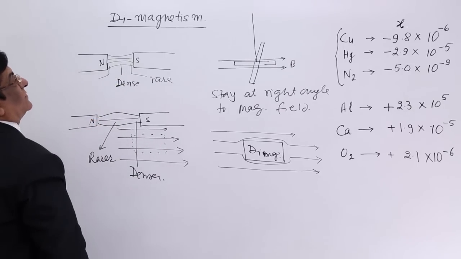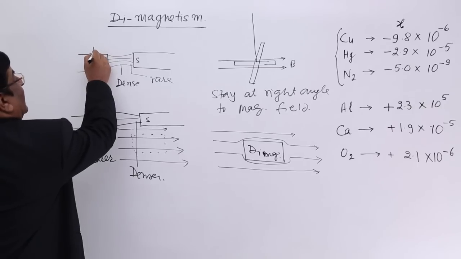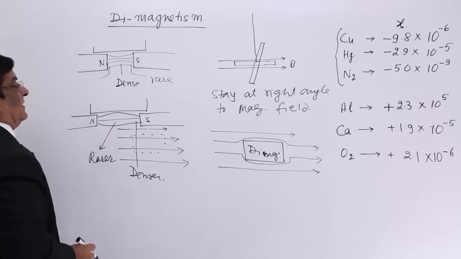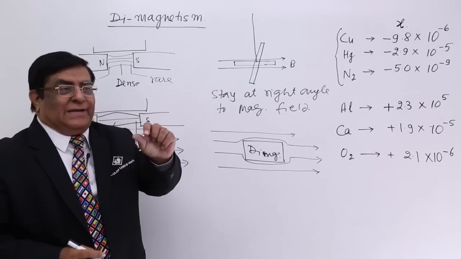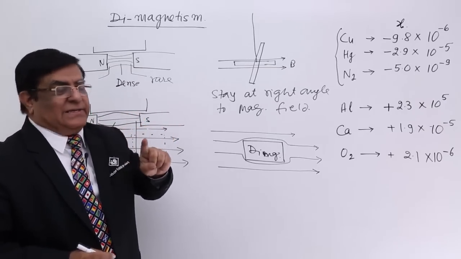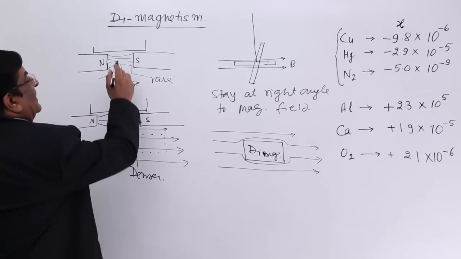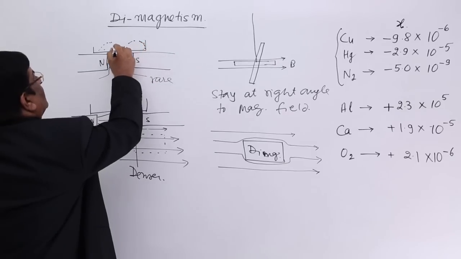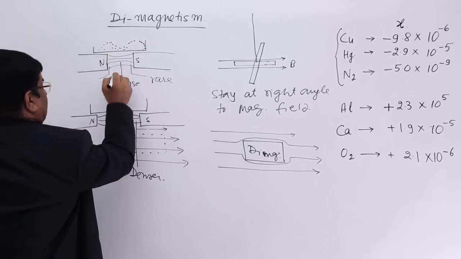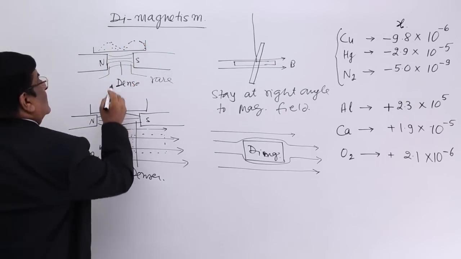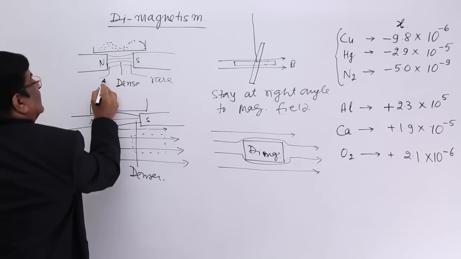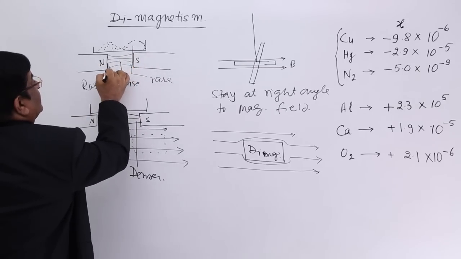Now what do we do? I put a diamagnetic material here in the form of powder, and then I tap it. When I tap, the diamagnetic powder makes a bundle like this. It is denser here. Wherever the field is denser, this material will be less, and where it is rarer, the magnetic field is weak.